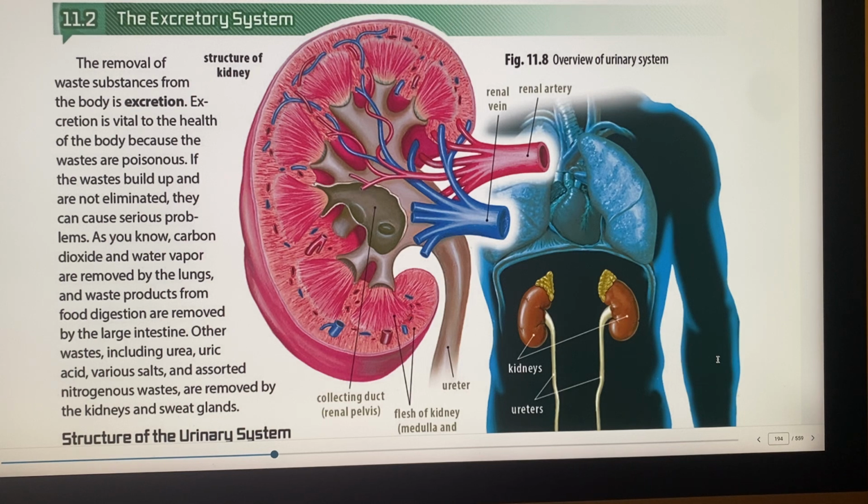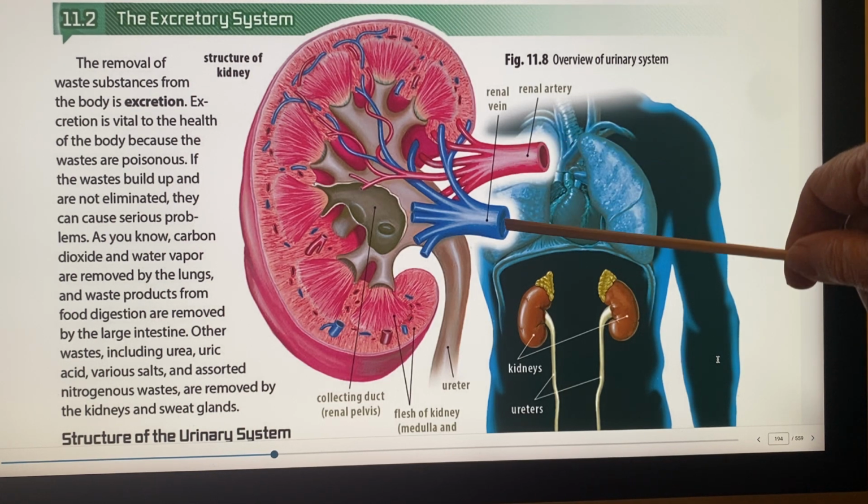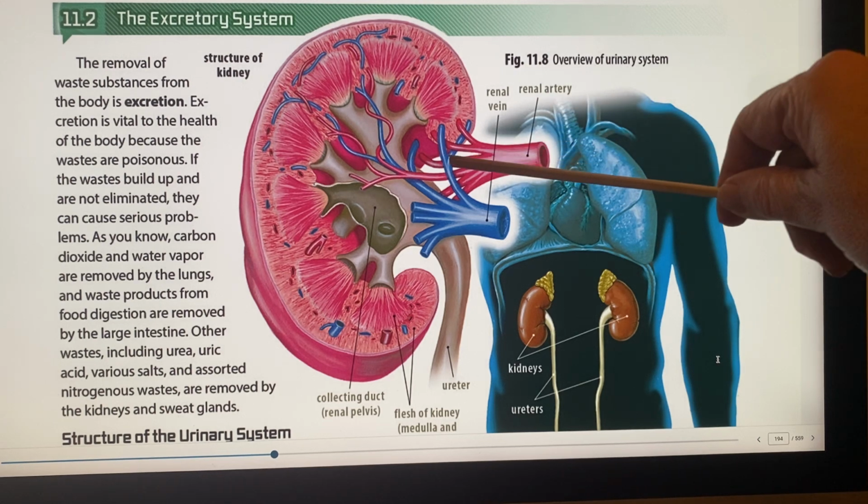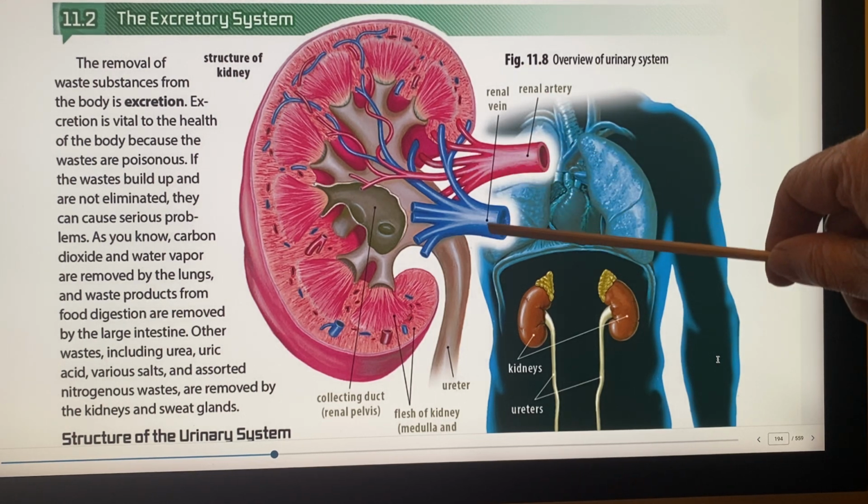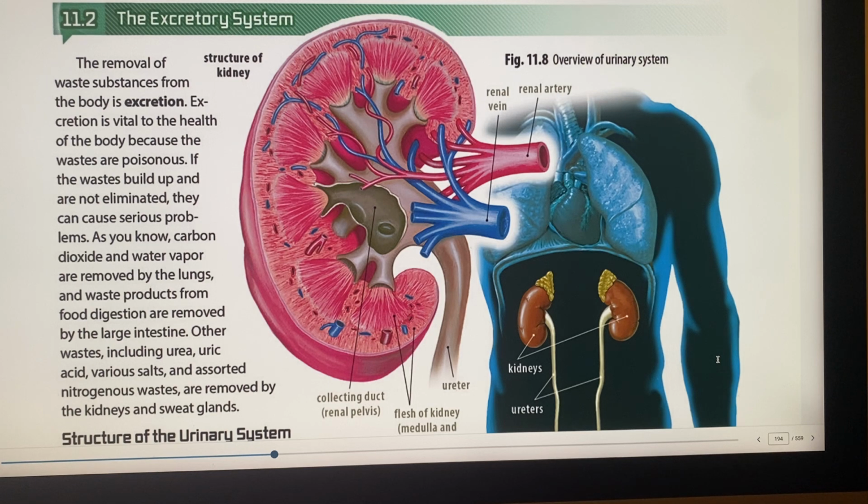The nephrons, this is the structure of the kidney here. So let's look here. Here is the renal artery coming into the kidneys, and here's the vein coming out. So the blood goes through our kidneys quite a few times. We'll find out how many times: 38 times the blood passes through our kidneys.